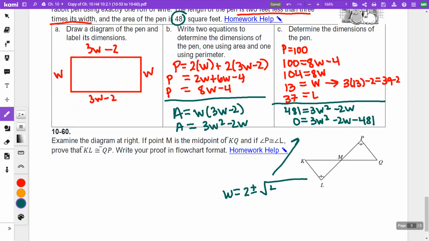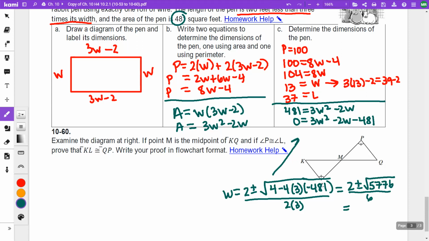So that's negative 2 squared, which is 4, minus 4 times my A, which is 3, and my C, which is a negative 481, all over 2 times my A, which is 3. So this is going to be 2 plus or minus the square root. And if I do the math, I'm going to have 4 minus 4 times 3 times a negative 481. I end up getting 5,776.